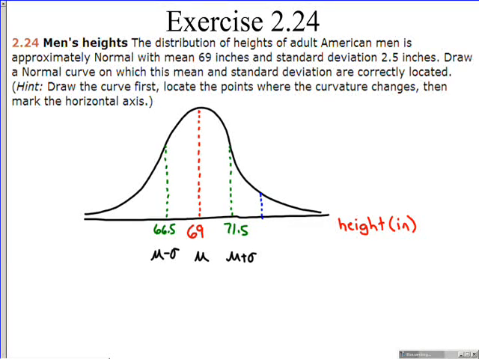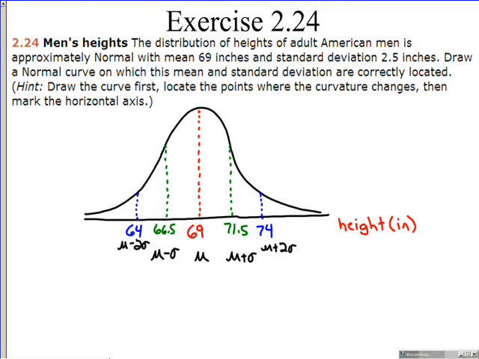Add one more standard deviation. So now this is the mean plus 2 standard deviations. This is the mean minus 2 standard deviations.